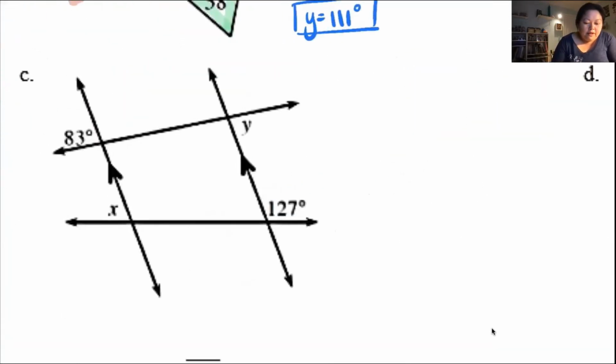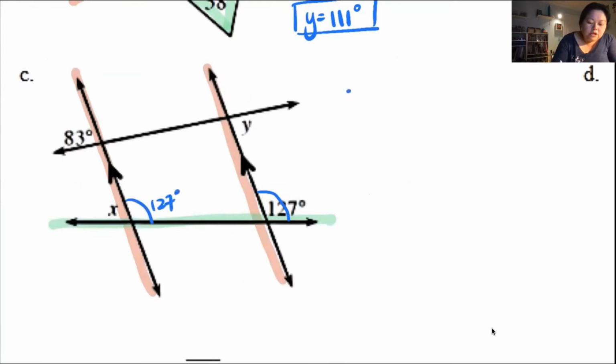Okay, moving on. Again, it tells me parallel lines, so I'm going to see what relationships I have here. So I have parallel lines here. Awesome. This is a transversal. So I'm going to look at the first transversal here. The first transversal here gives me some corresponding angles. So 127 is corresponding to 127. So this is 127.